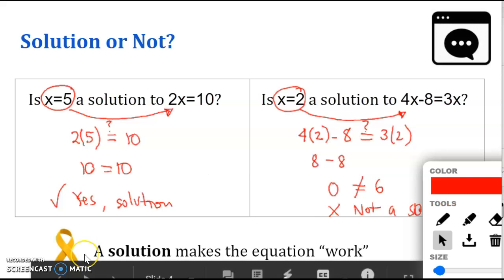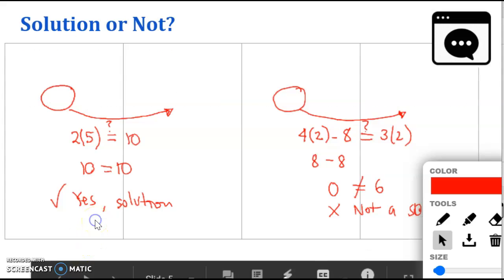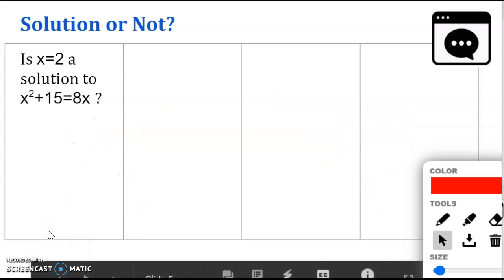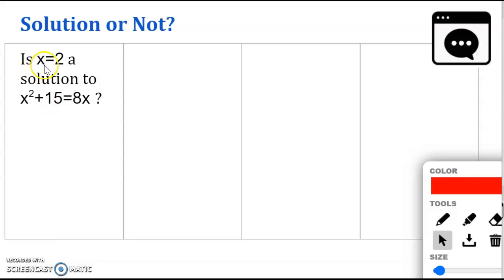So we can conclude that a solution makes the equation work. That's what a solution is. So let's extend that solution or not to quadratic equations. So is x is equal to 2 a solution to x squared plus 15 is equal to 8x? Again, to test that, we substitute x is equal to 2 into the equation.